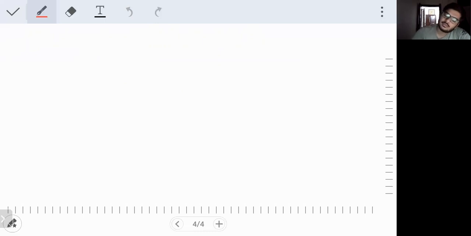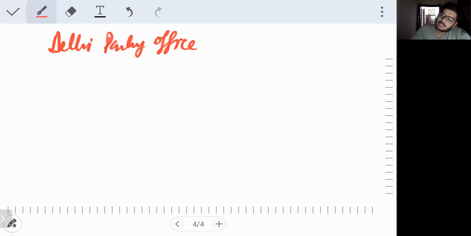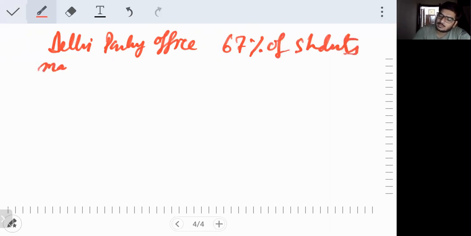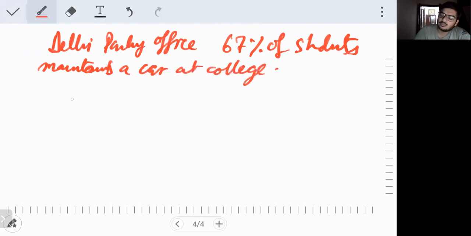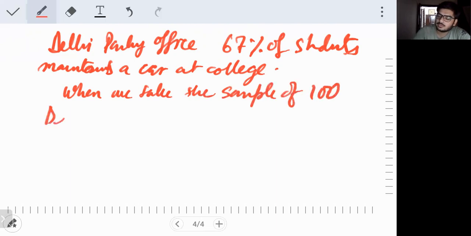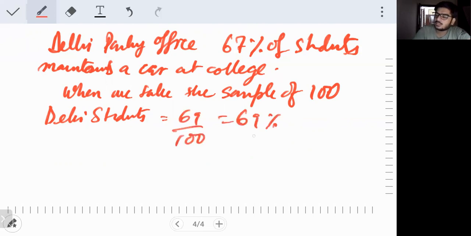What I am saying is, if the Delhi parking office says 67% of students maintain a car at college, and when we take a sample of 100 Delhi students we find it to be 69 upon 100, that is 69%, right?